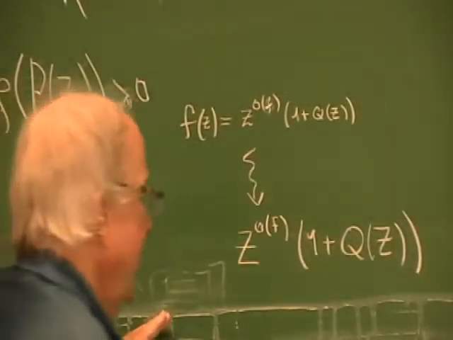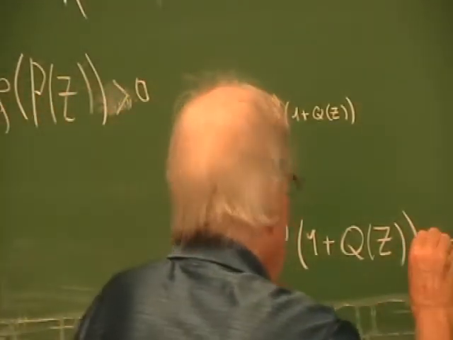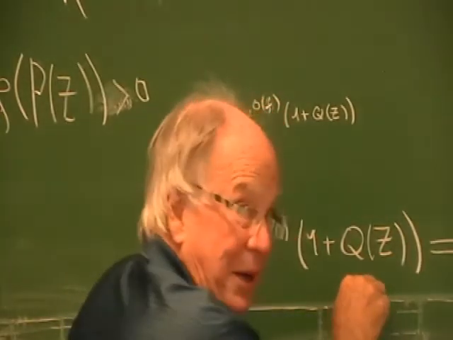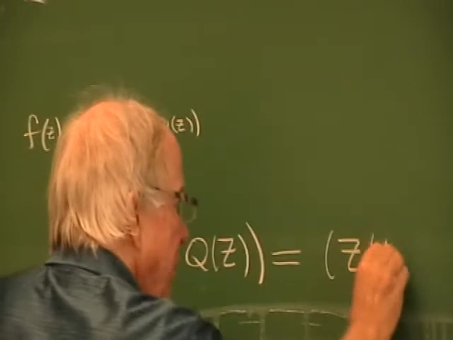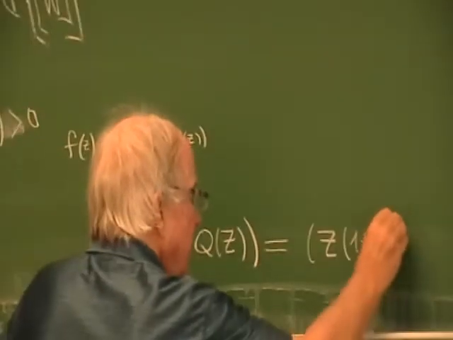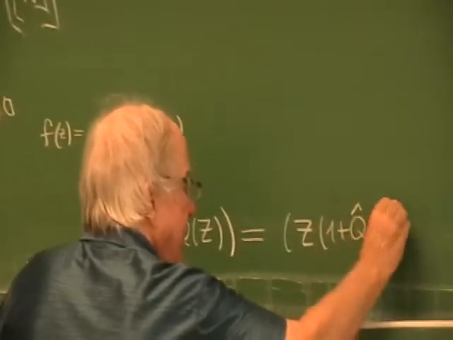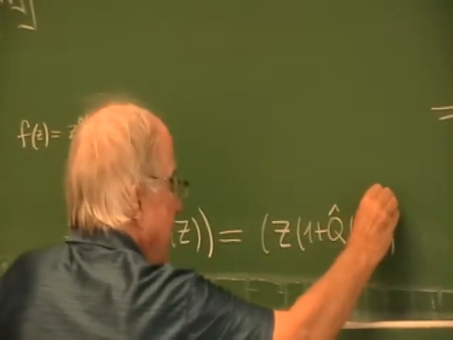Right. And I call that equal, and now I take a root, I'm lucky. So this is Z times 1 plus Q hat, downstairs, Kayvon.